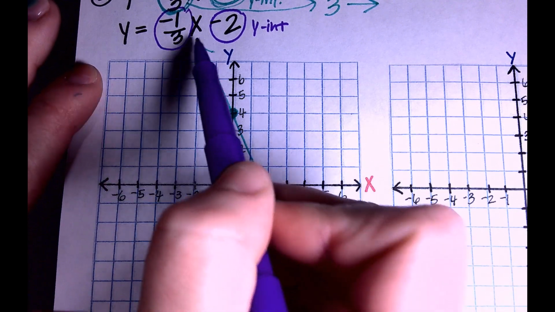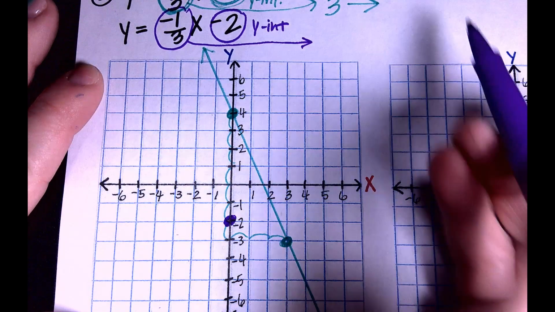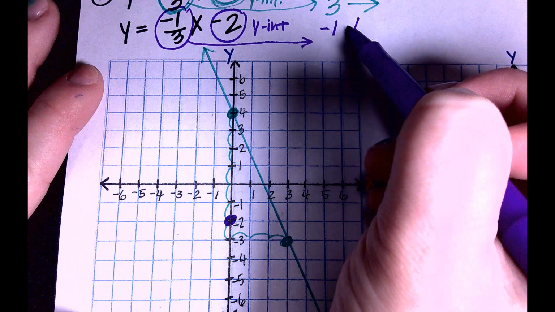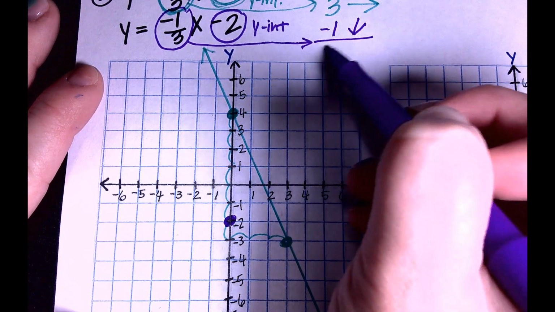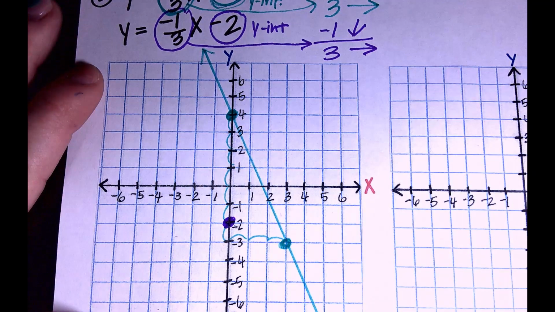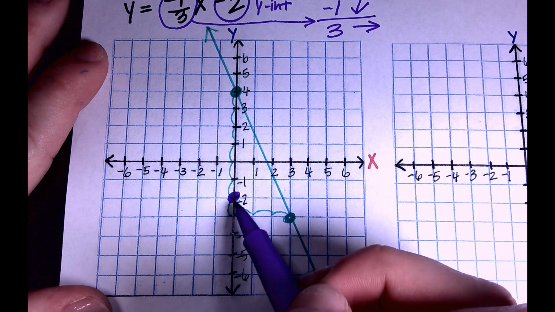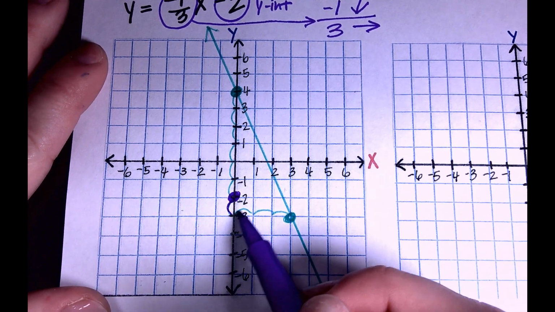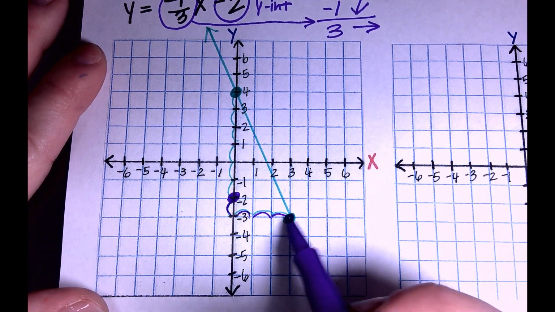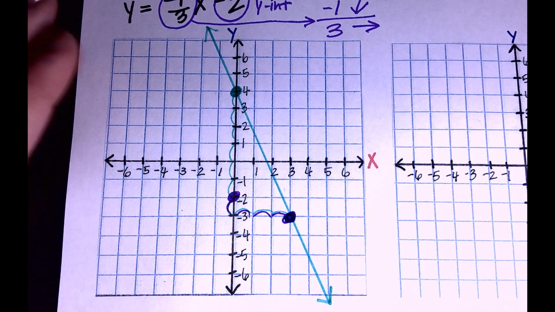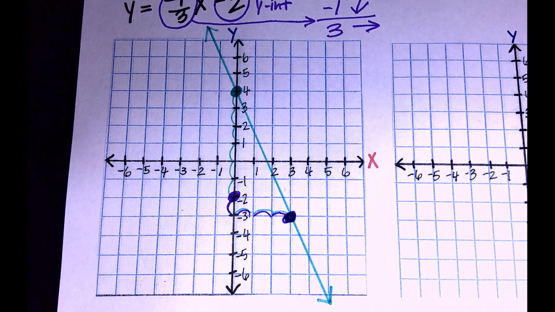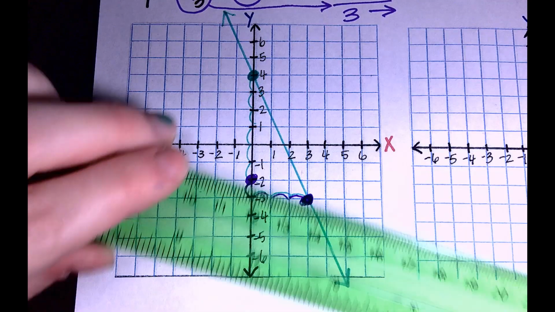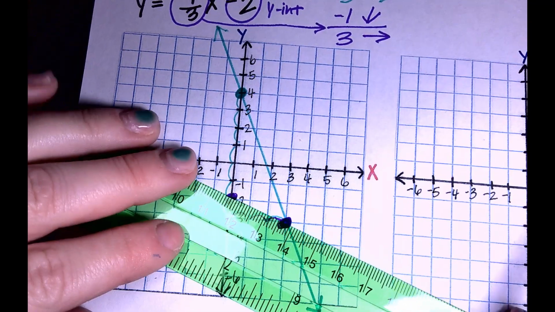Yes, my slope is -1/3. So I'm going down 1, over to the right 3. So down 1, over 1, 2, 3. Look at that. These are all landing right on the points. It's kind of nice. So I'm just going to take my ruler and connect my dots.